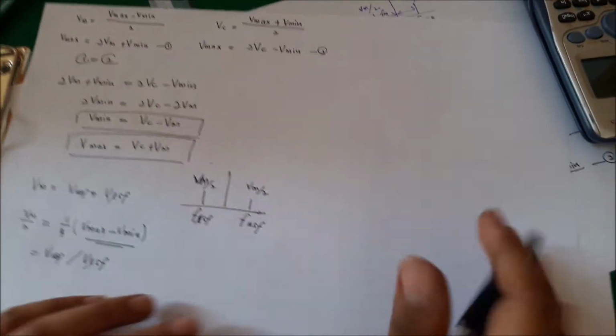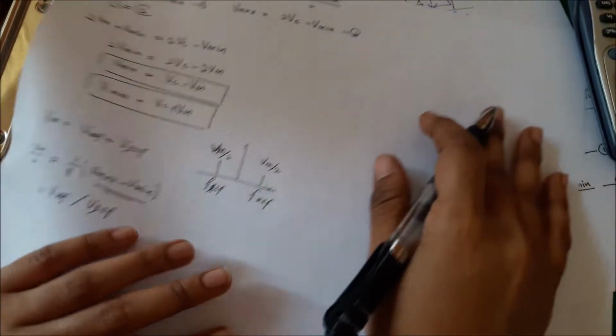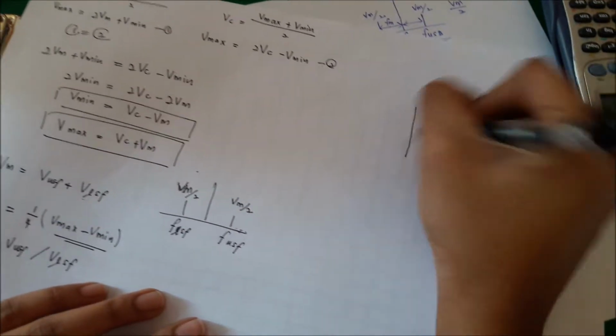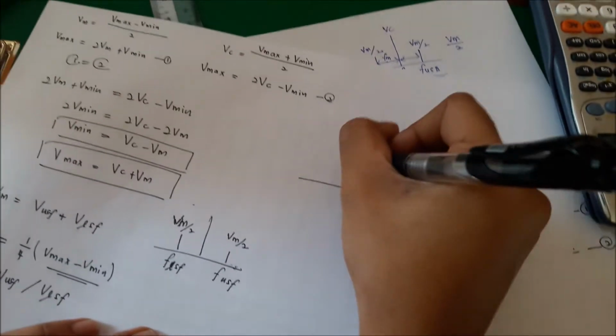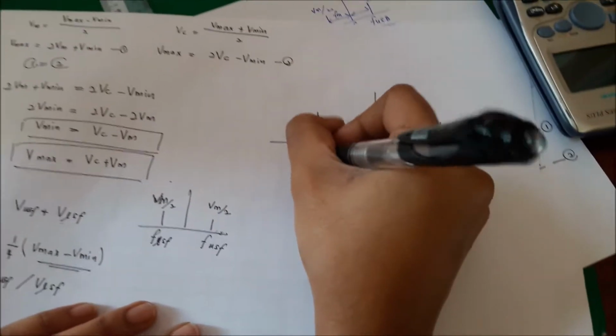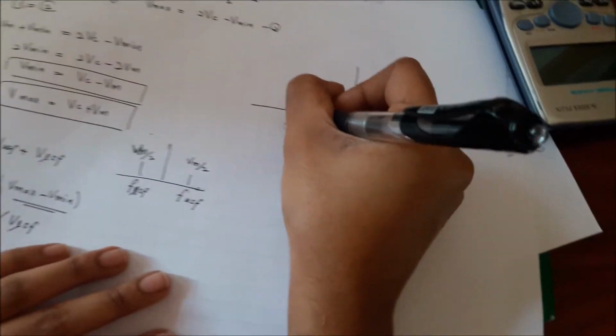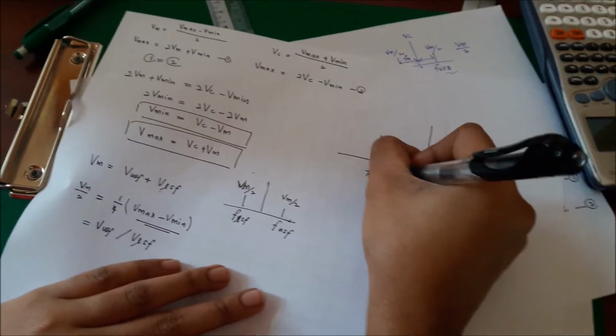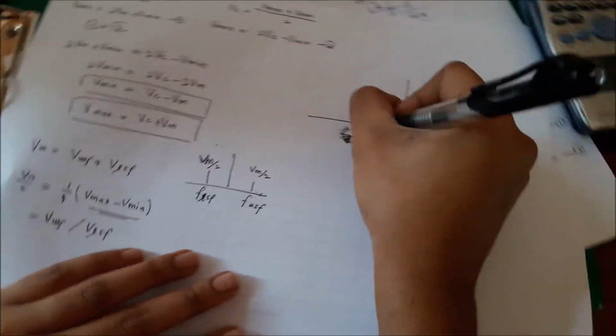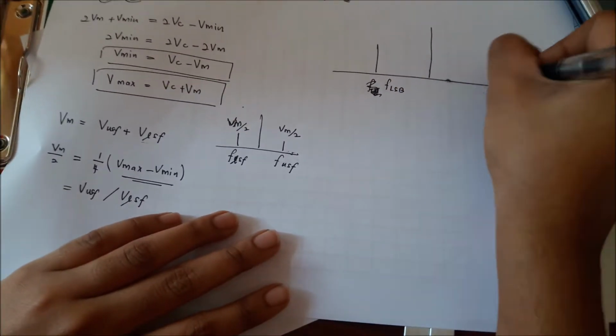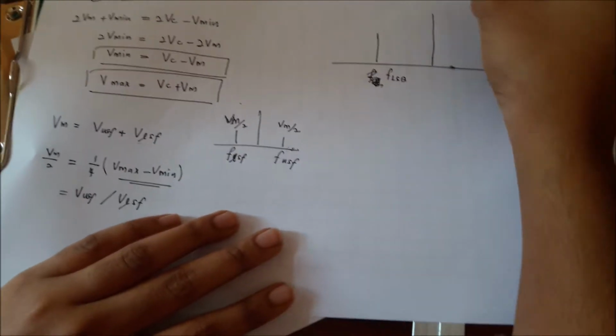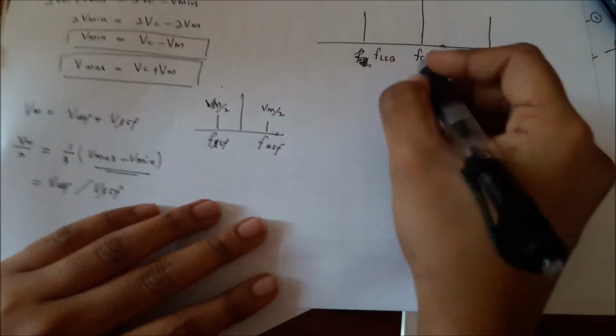Okay, and as we all know, according to the spectrum, we are also able to find the bandwidth. So now you have FLSB and FUSB, and this is your carrier frequency.